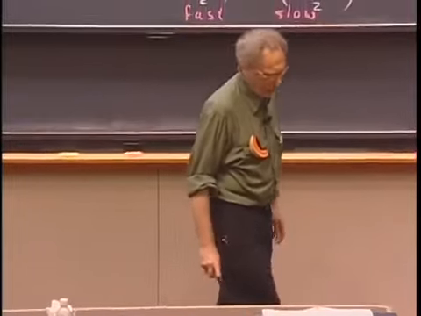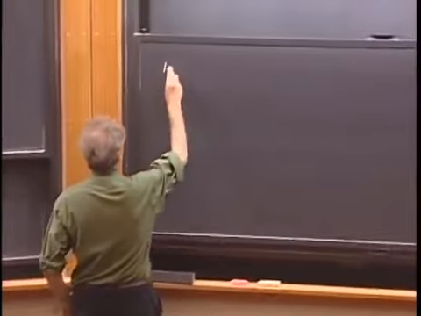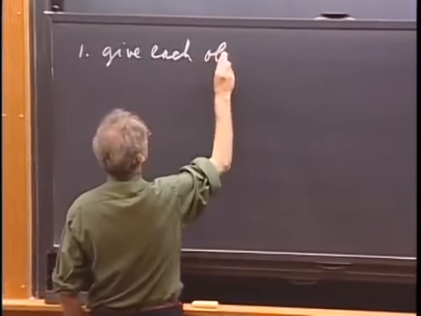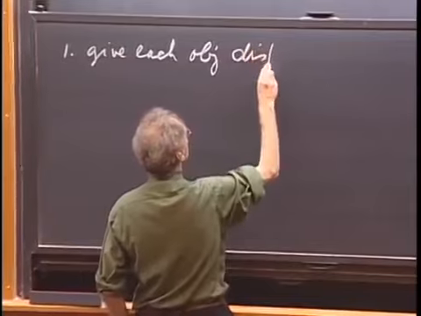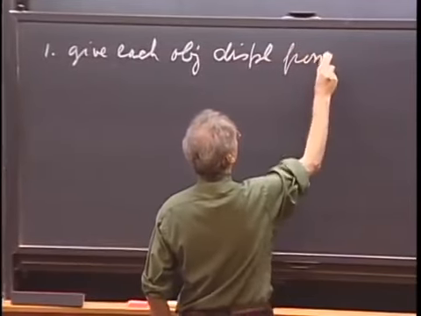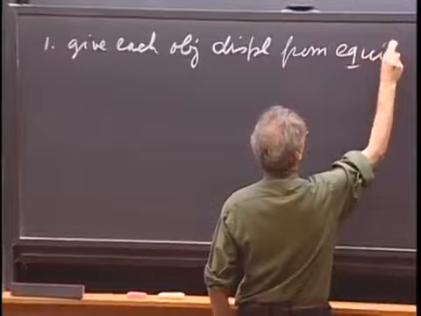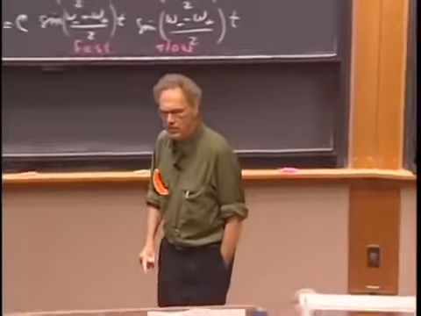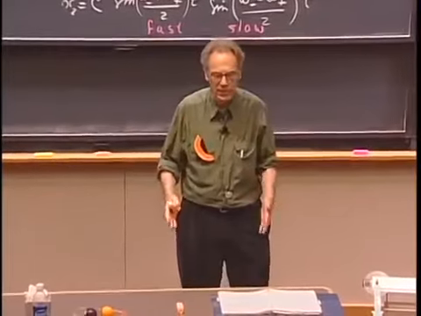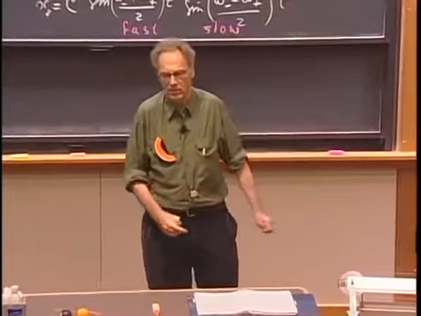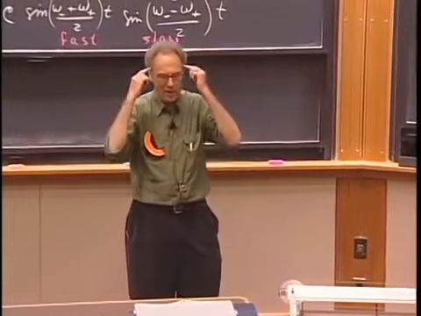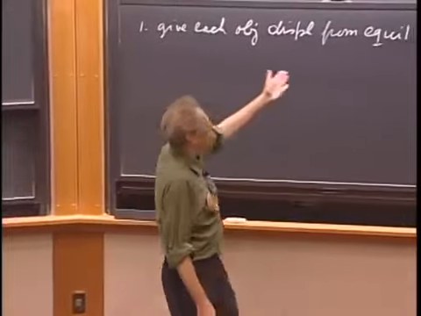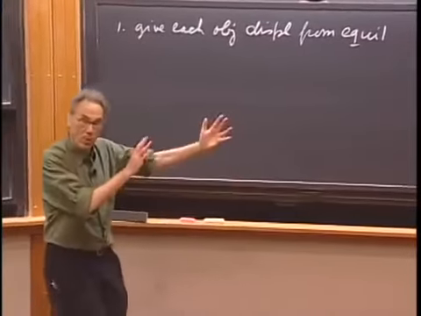So the first thing that you do, that's number 1, you give each object a displacement from equilibrium. Even though you're free to choose the direction, I always, a matter of discipline, set them all off in the same direction. That's not a must, but that reduces the chance of mistakes.